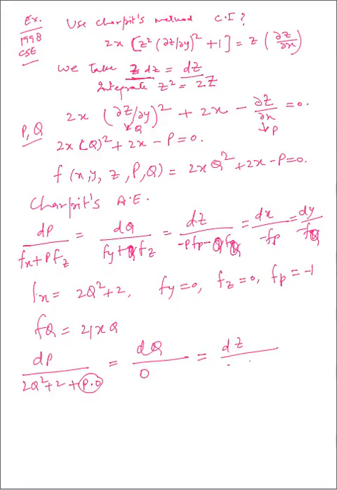Because we have a zero, these two can be used for integration. So dp into 0 is equal to 2q square plus 1 dq. So we have dq is equal to 0, so q is equal to a constant.